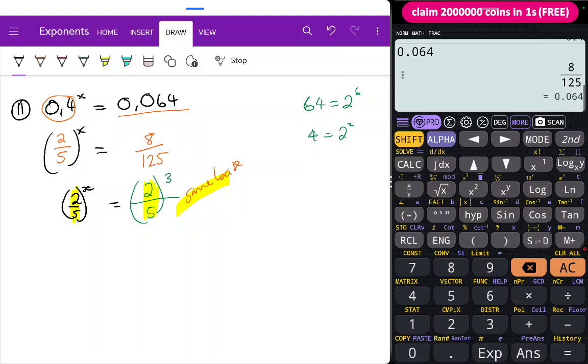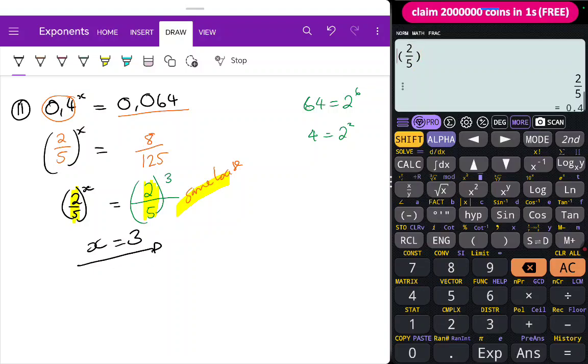Given this, I can drop my bases and say x is equal to 3, just by converting my decimal to a fraction using my calculator. So again, let's have a look. Open bracket, 2 over 5, close the bracket, and we exponent. 2 over 5 gives me 0,4.